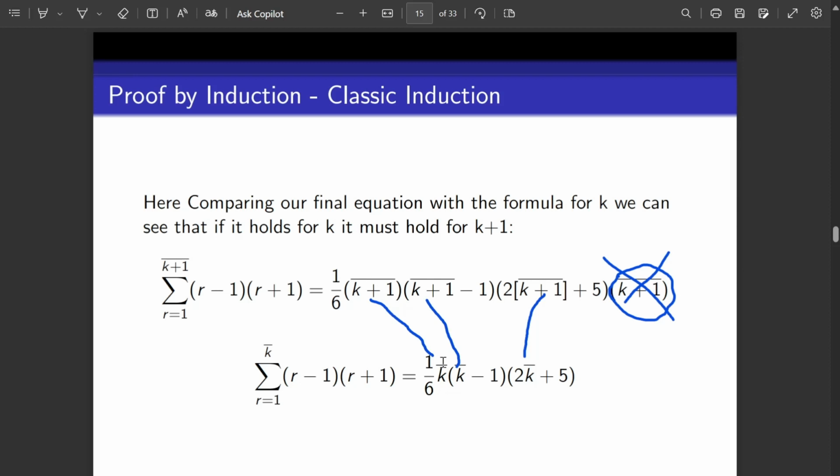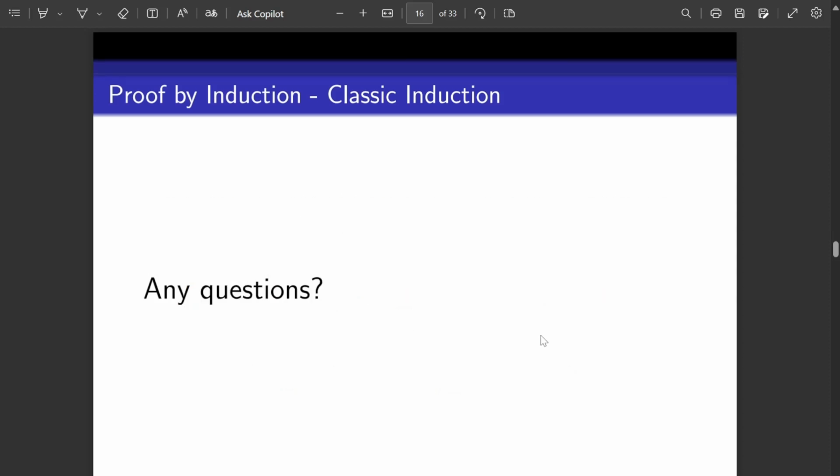This is really just k plus 1 substituted in. Because we've come across those separately from our assumption that it holds when n equals k, we can say that it holds for n equals k plus 1. Does anybody have any questions before we move on to course of values?